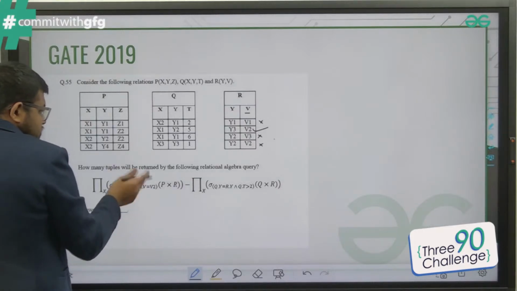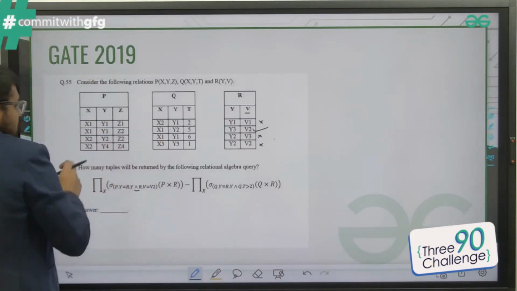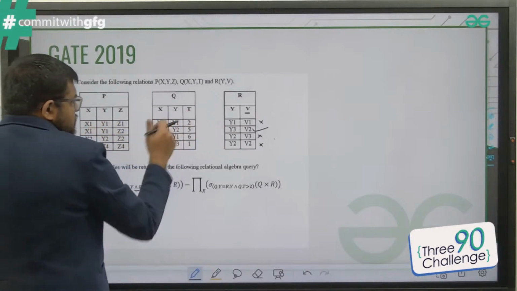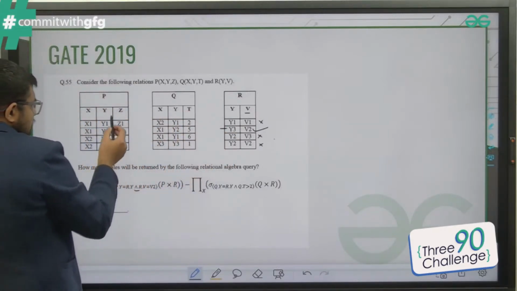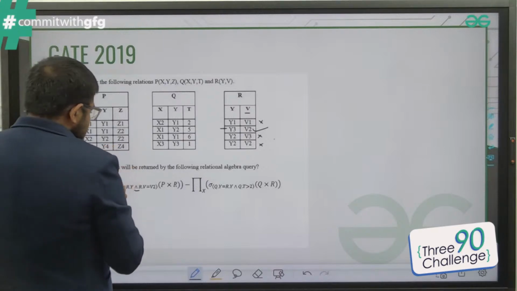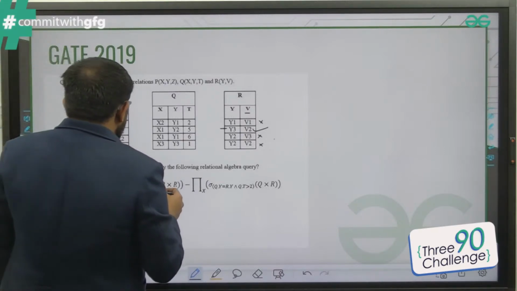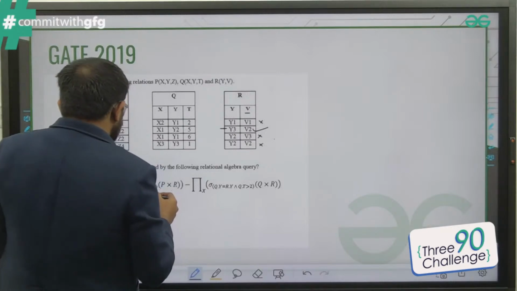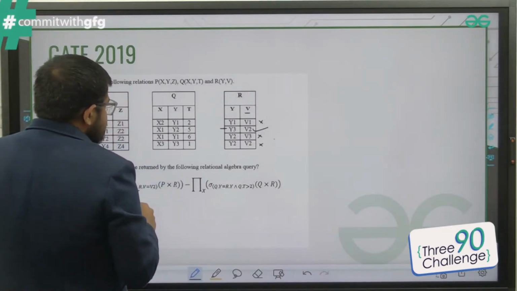This is AND, meaning both conditions must be satisfied. P.Y equals R.Y means P.Y must match with R.Y. Here R.Y is Y3, so here P.Y must match with R.Y, and R.V is V2.